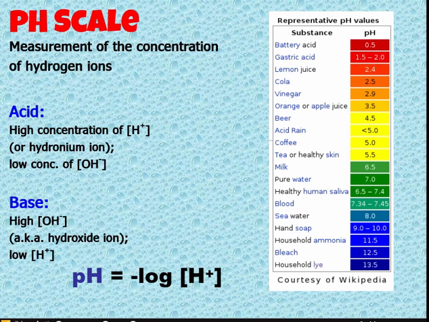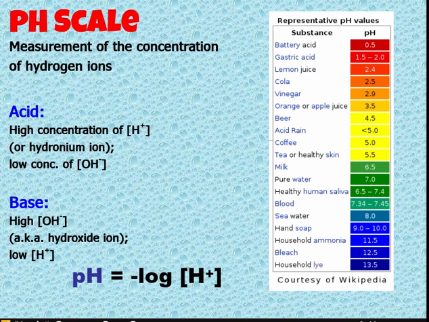So it might be something like 10 to the negative 7. If you remember, a log is that exponent. Negative 7 is the log of 10 to the negative 7. And when you take the negative log of 10 to the negative 7, you get 7. So that's the concentration of water.